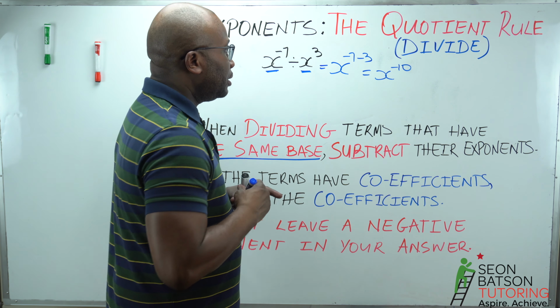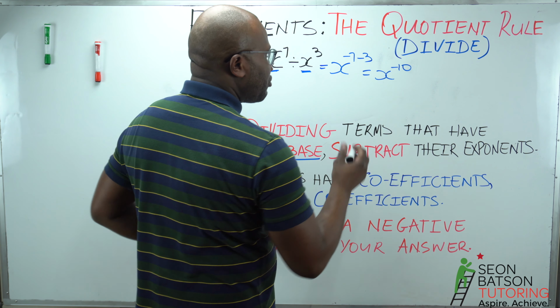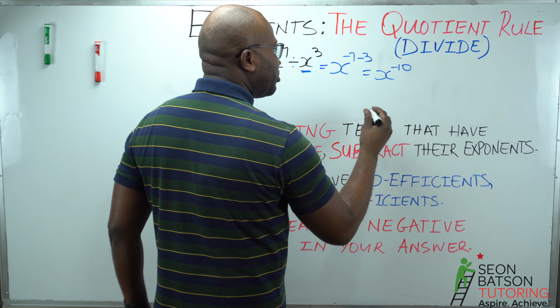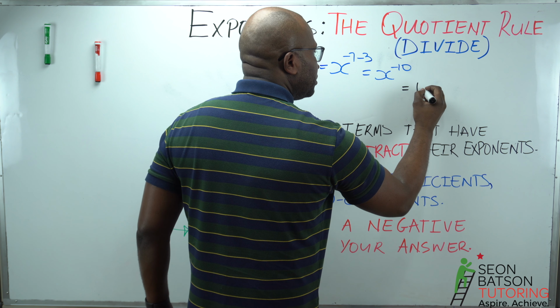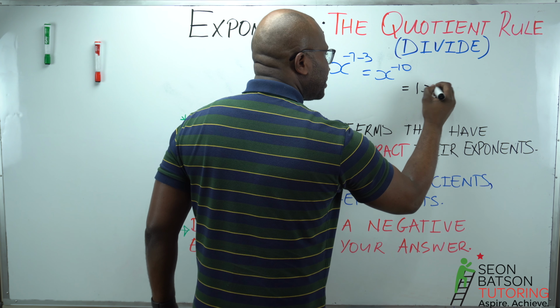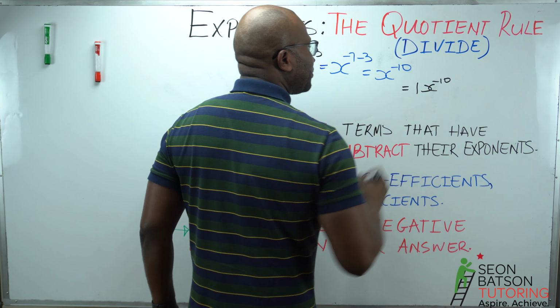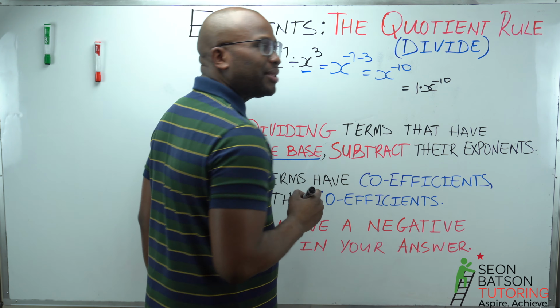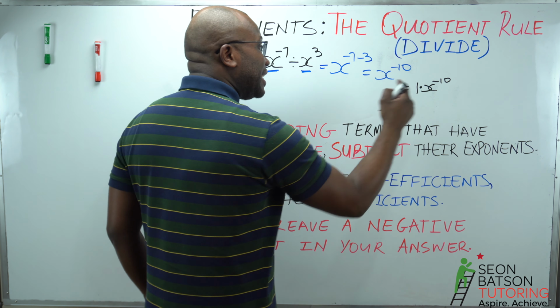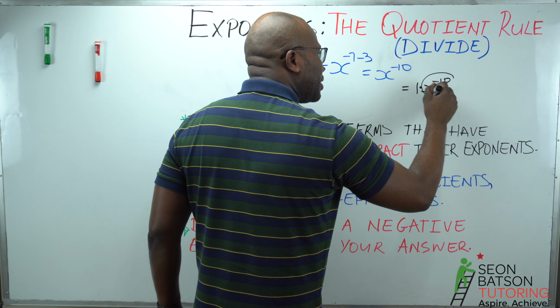Now, just as a reminder, remember x to the -10th power is the same as 1 times x to the -10th power. So this -10 is only attached to the x.